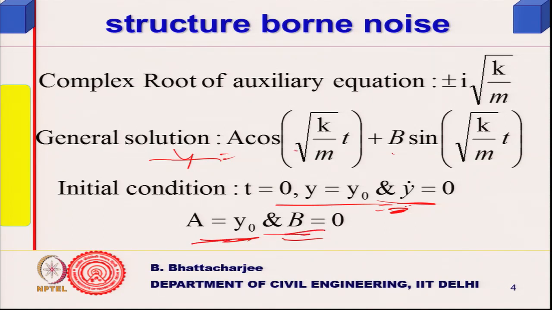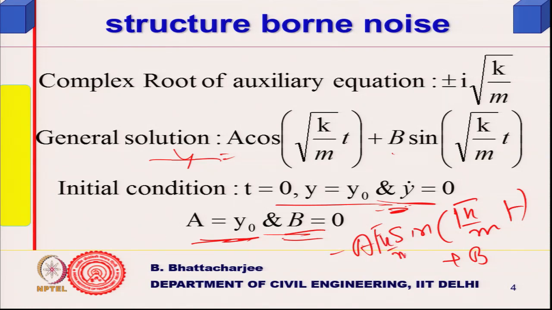The first derivative of this will be minus a sine of under root k by m t, times under root k by m, plus b cos of under root k by m t, times under root k by m. I am just trying to find b.